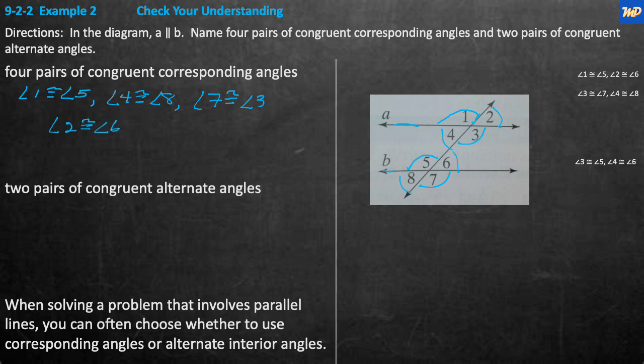Now, two pairs of congruent alternate angles. Well, I'll switch to red this time. Okay, so now alternate, there would be interior angles we'll go with. Interior angles are angles that are in between.